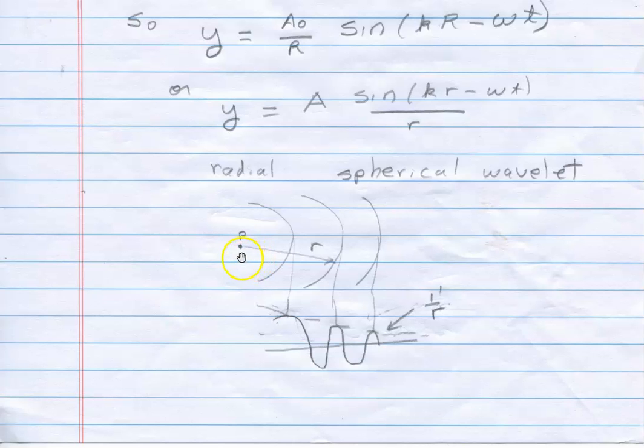Now, if you look at a light source here, these are waves coming out from it. The spheres get larger and larger, and as r increases, I see that the overall amplitude, this A over little r in this case, is going to decrease times this sinusoidal function.